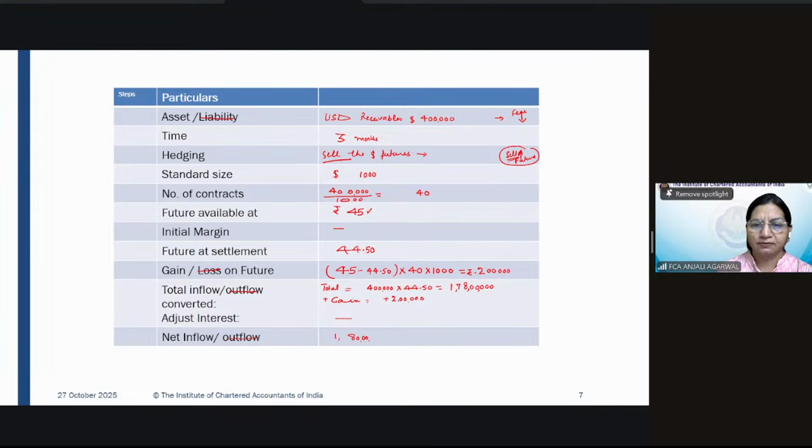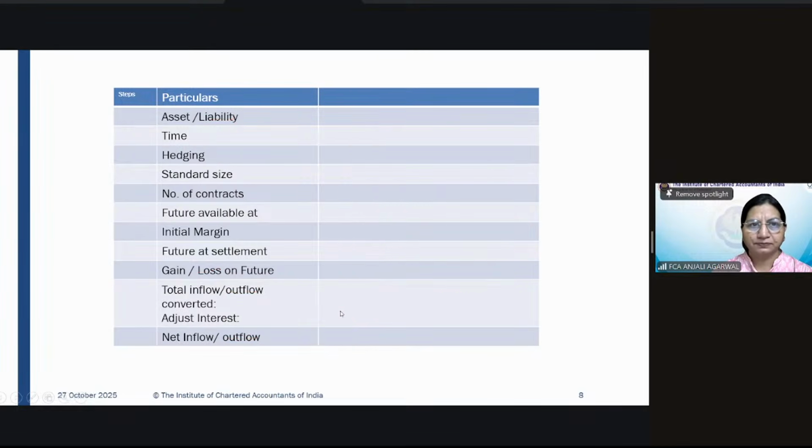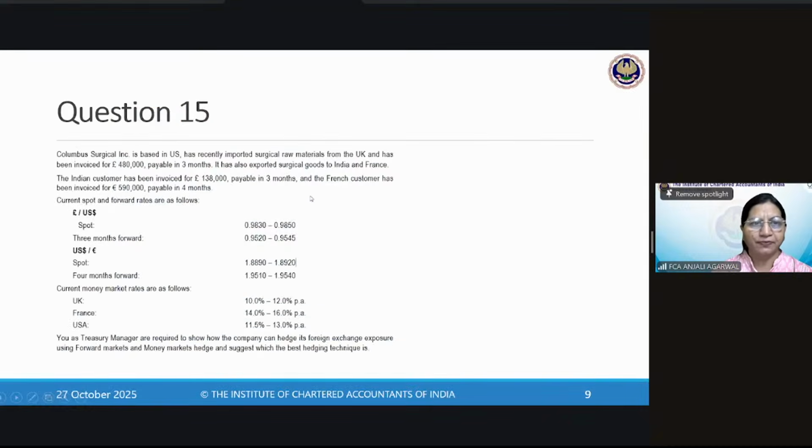Okay. So this is the inflow you have by using futures. You can use this template for all the questions. If you do questions on futures slowly, there will not be any problem, right? So use this template in further questions also that we are going to do today.